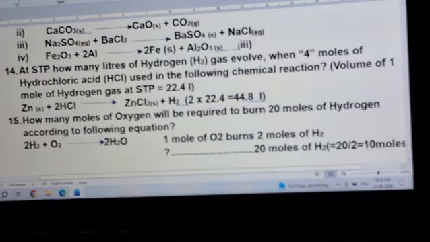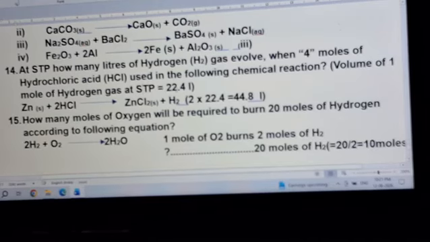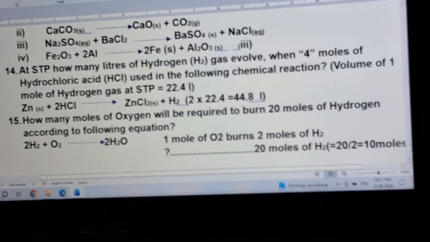Now, at STP, standard temperature and pressure, how many liters of hydrogen gas evolve when 4 moles of hydrochloric acid are used in the following chemical equation? See children, 1 mole of hydrogen gas at standard temperature and pressure occupies 22.4 liters.